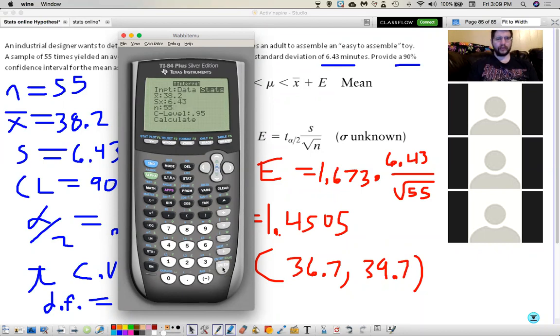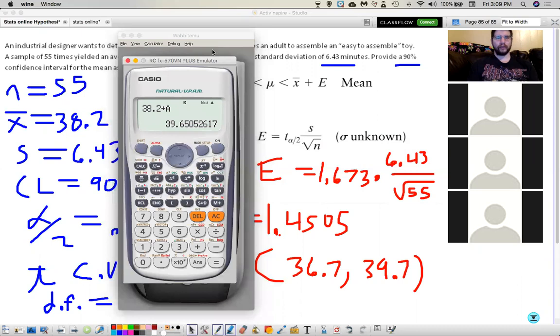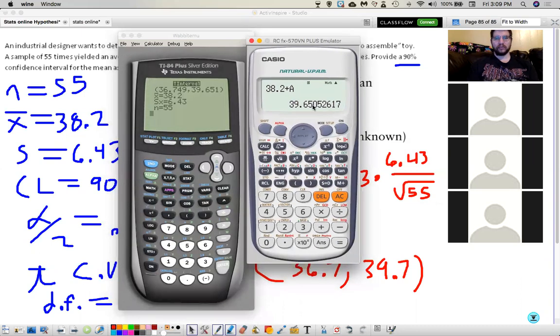N is 55, and the confidence level of 90. And we get, okay, same thing, 36.7 and 39.7. If we compare, they're really the same. That little bit of rounding difference didn't change anything at the end.